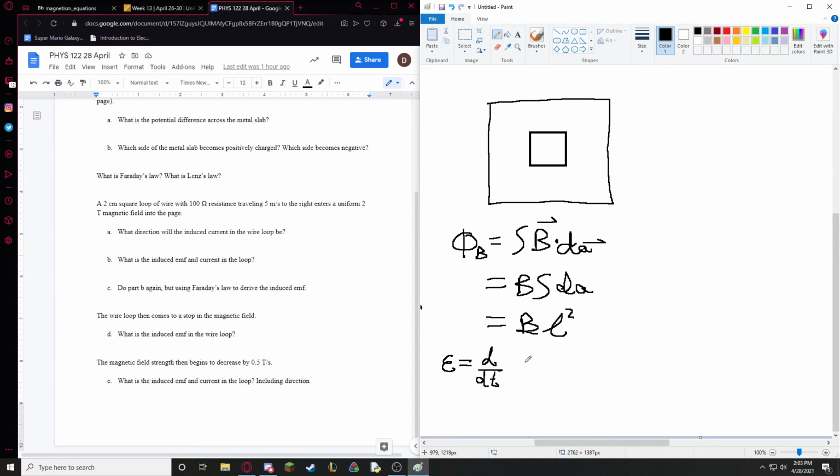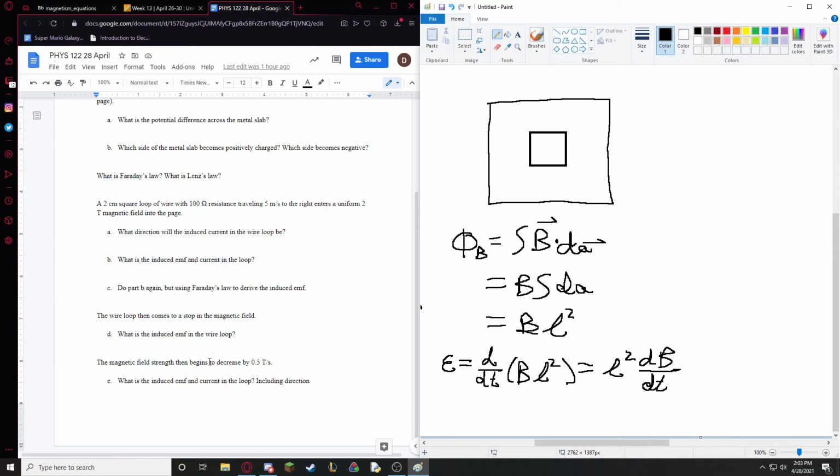So it's d/dt of the flux, which is BL squared. Is L changing as a function of time? No. No, but our magnetic field is. So this becomes L squared times dB/dt.